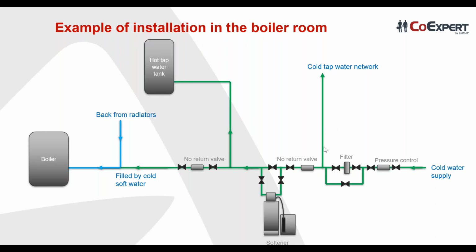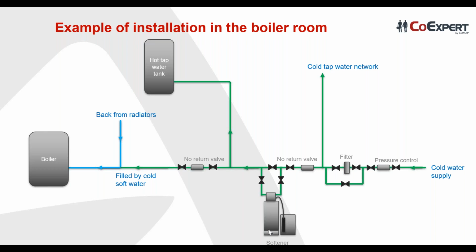This point is really important. Pay attention to the country regulation. For example, in France, it's mandatory to provide people with a source of water with no added treatment. So pay attention to that. And here is the softener.